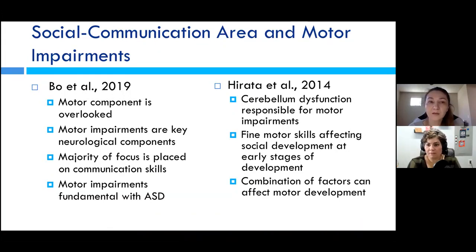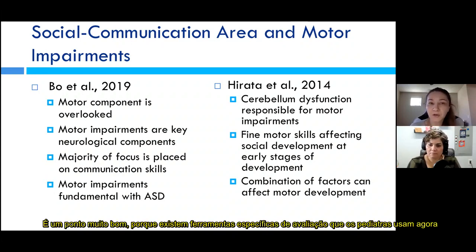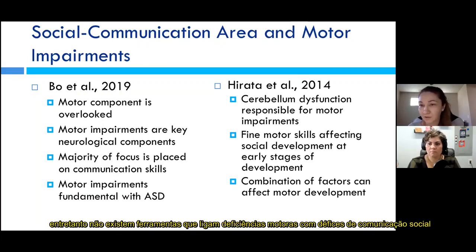It's a very good point because there are specific screening tools that pediatricians use right now. However, there are no screening tools that link motor impairments with social communication deficits.